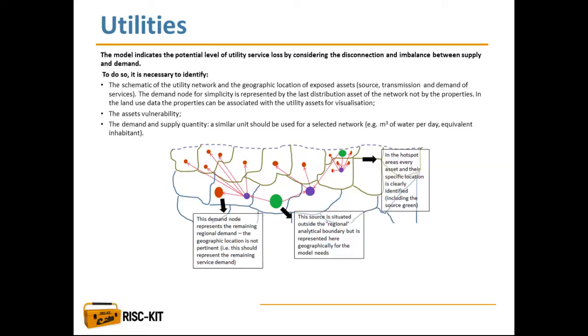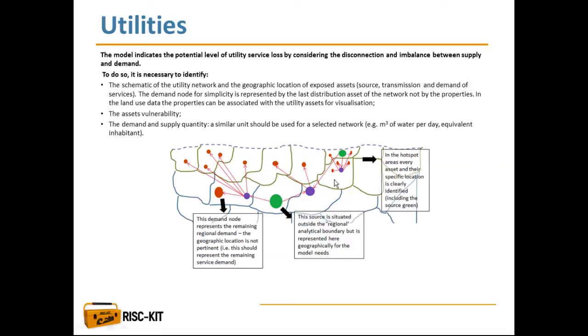Now, in terms of representation of the network geographically, it is important that in the exposed area, every asset and their specific location is represented, as well as the link between the nodes. For the other assets, some are within the regional demand and they need to be represented, but their geographic location is not pertinent.